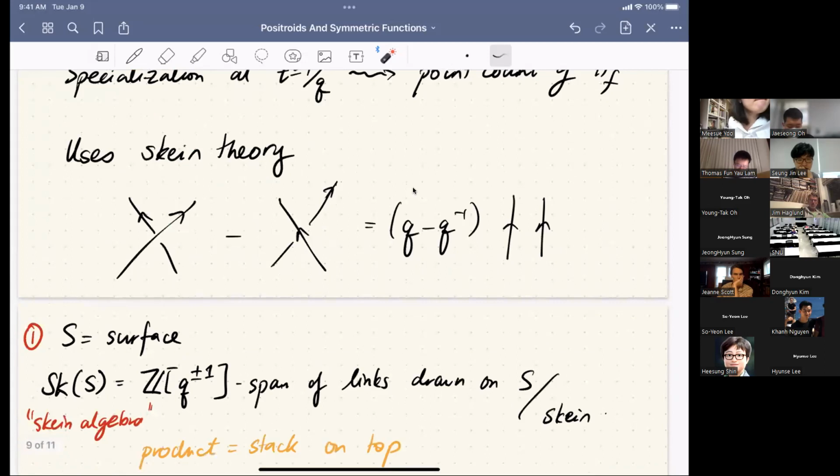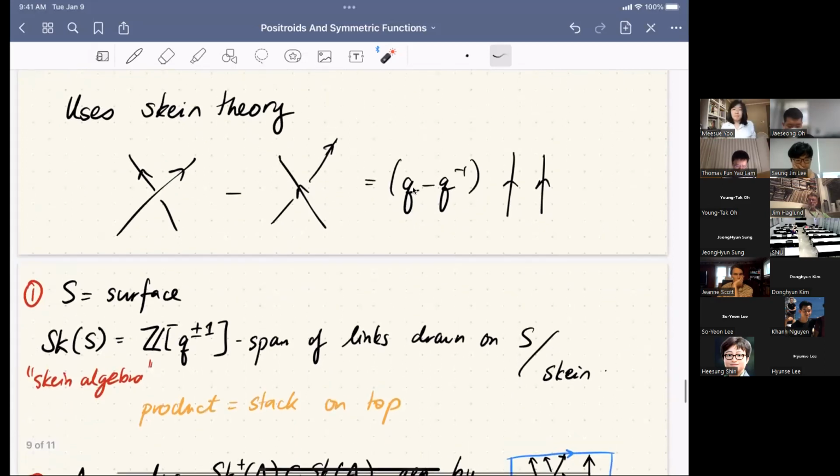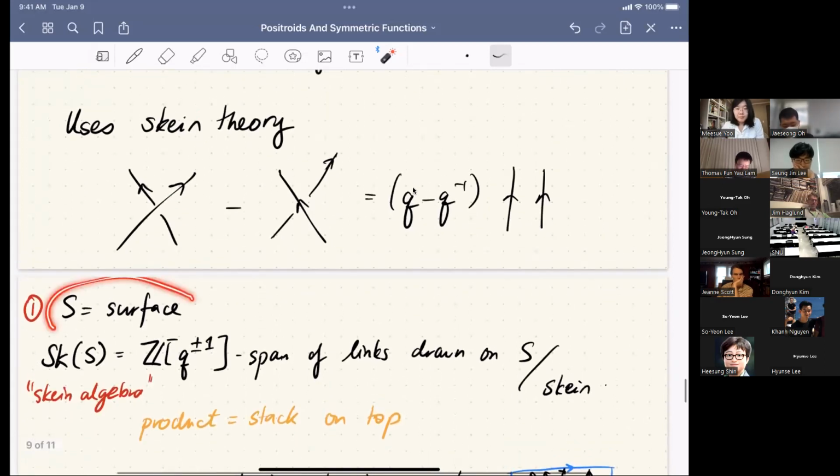Skein theory is this: we take a surface S, and we define an algebra by taking all possible links that you can draw on the surface. These links that you draw on the surface are going to have some crossings.